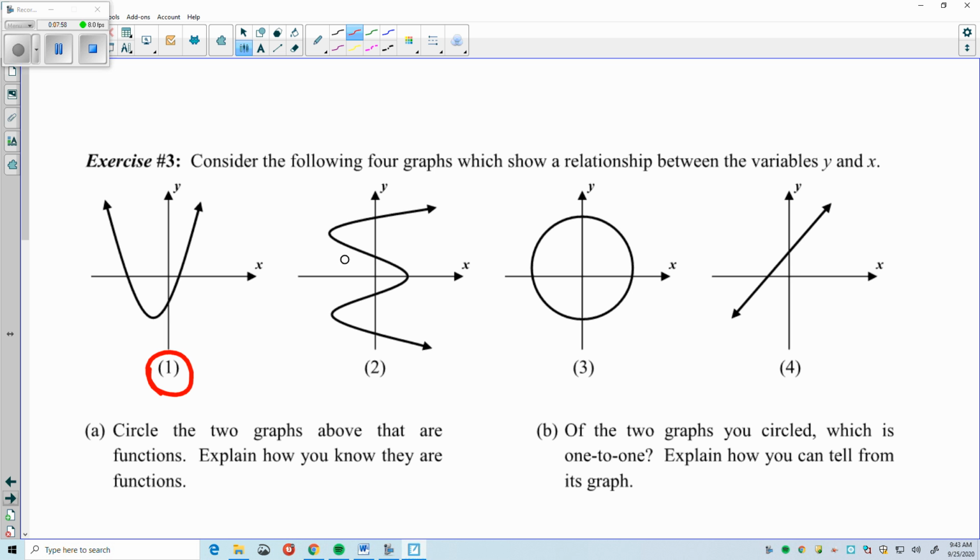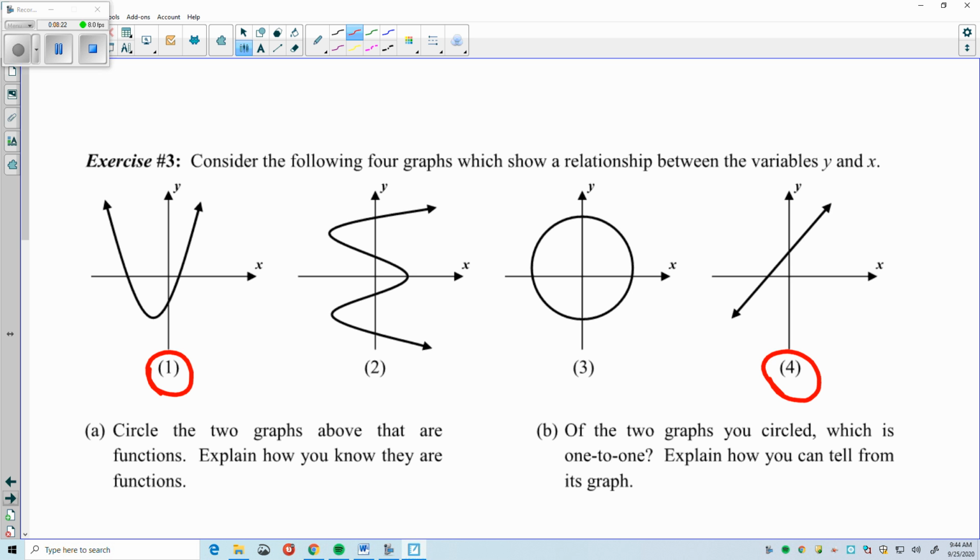I can see this one fails the vertical line test because even right here, I had 1, 2, 3, 4 different points. Okay, same thing here, 1, 2, 3, 4 different points, that fails. This guy here fails the vertical line test. As soon as I draw that vertical line, then it's hitting more than 1 point. Okay, over here, this one's good, passes your vertical line test. So I know that this has to be a function.